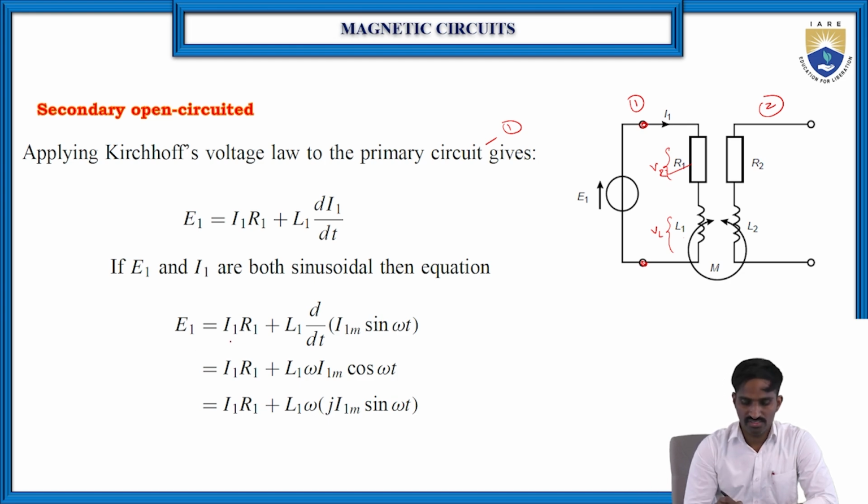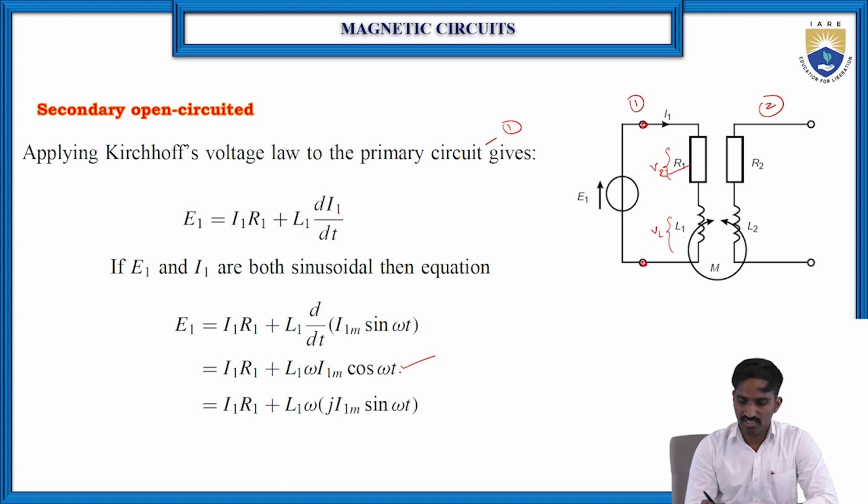So E1 is equal to I1 R1 plus L into dI by dt. In the place of I1, we are just substituting I1M sin omega t. If you apply the differentiation, this will become cos omega t, then the equation will become I1 R1 plus L1 omega I1M into cos omega t.